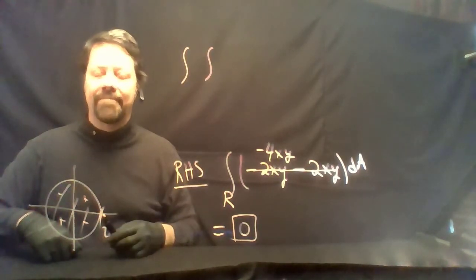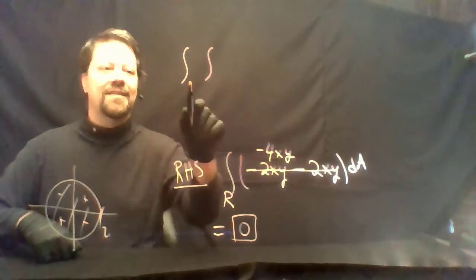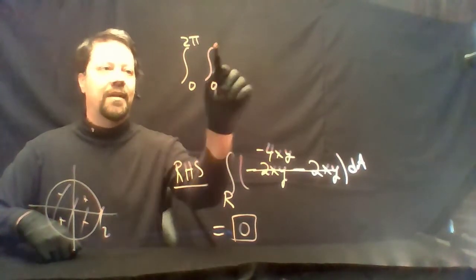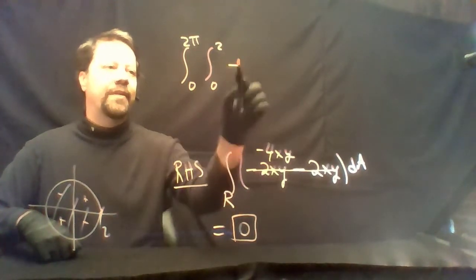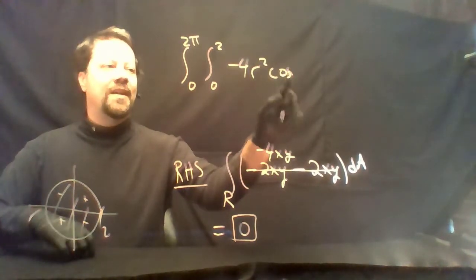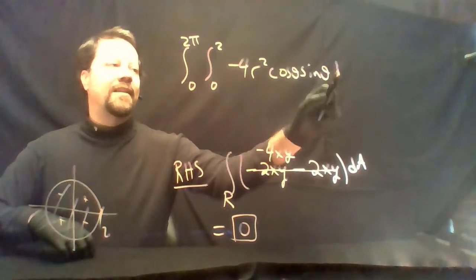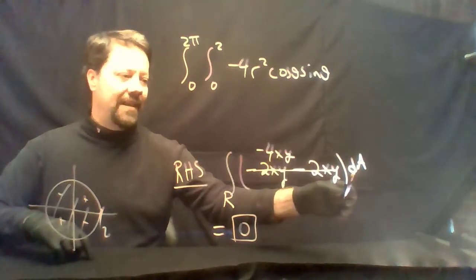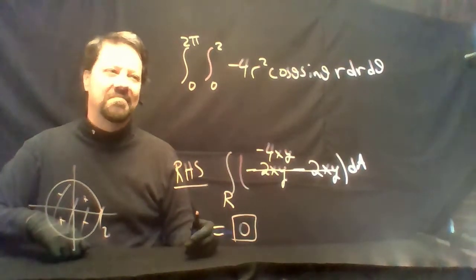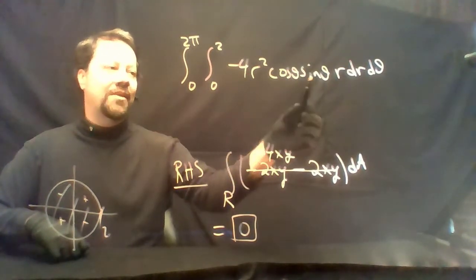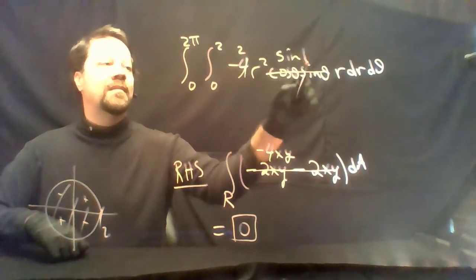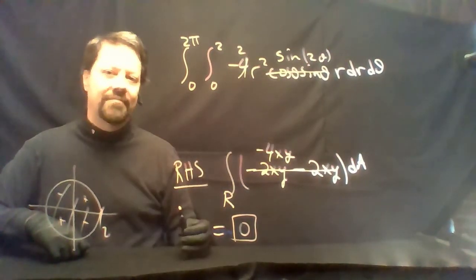Given the symmetry of the region, we should use polar coordinates. Theta will go from 0 to 2 pi. R will go from 0 to 2. We have minus 4xy, that's r squared, times cosine theta, sine theta, and then the area element is r dr d theta. 2 cosine theta sine theta is sine of 2 theta.